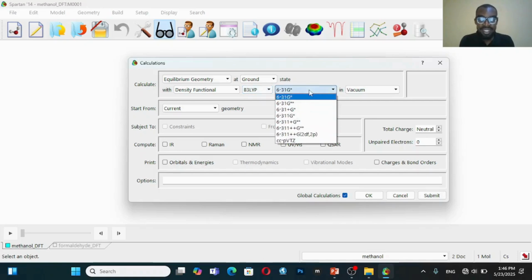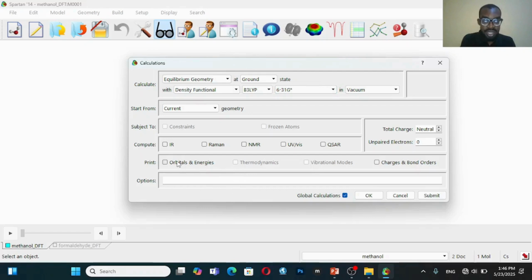Now the next thing is this. This is the basis set. I'm choosing this as the basis set I would be working with. And then I want to carry this out in a vacuum. Remember, the choice of the functional and the choice of the basis set is something you should be very careful about. You must consult literature to make sure you're choosing the right thing.